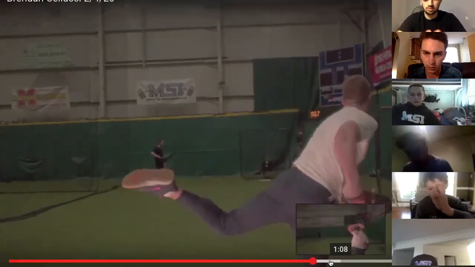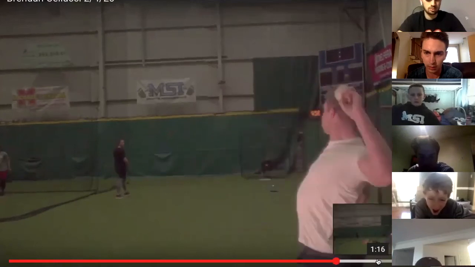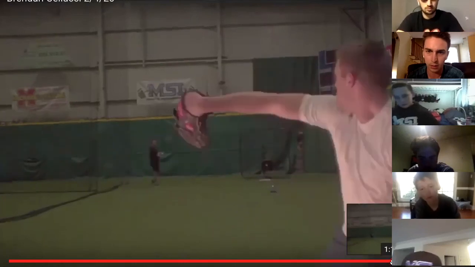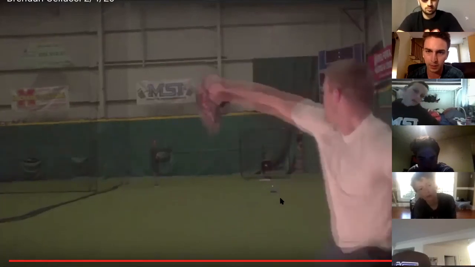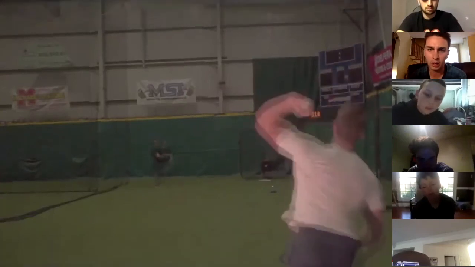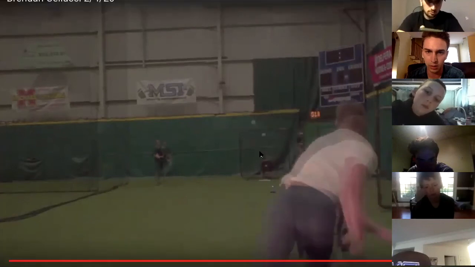Two-seam. Go to some overlays. I can have an overlay at the end. Yeah, I got it, Matt. So we're going to see the trajectory of these balls.